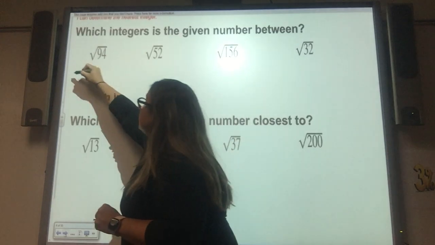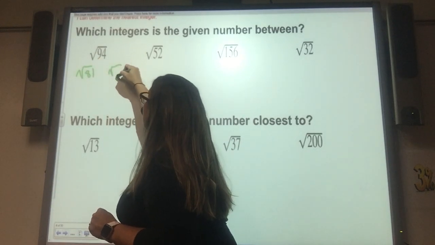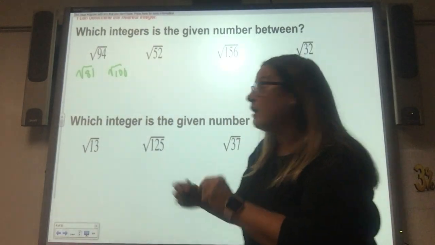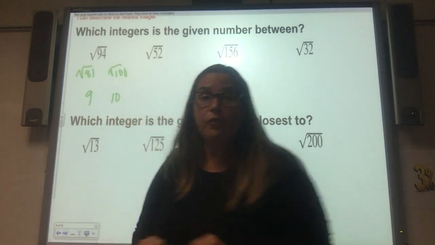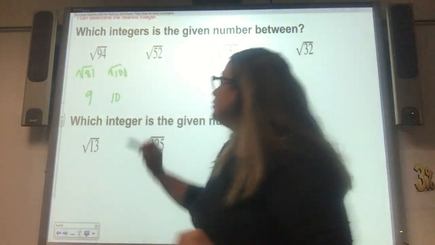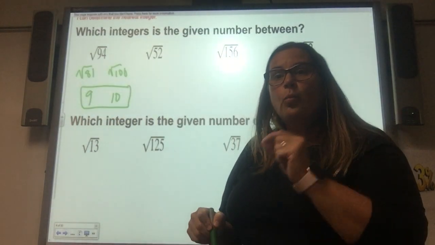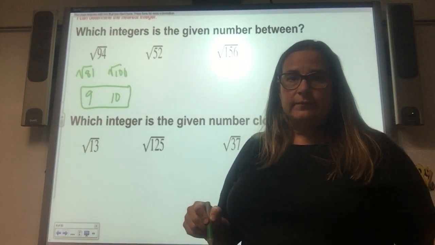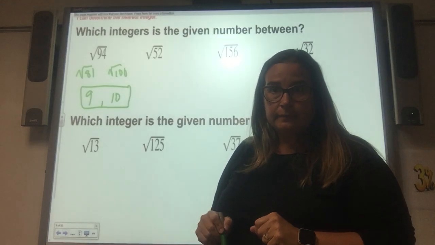So I'm going to say this falls between 81 and 100. Okay? The square root of 81 is 9. The square root of 100 is 10. So this is the answer to the question, which integers is the given number between? It is between 9 and 10.